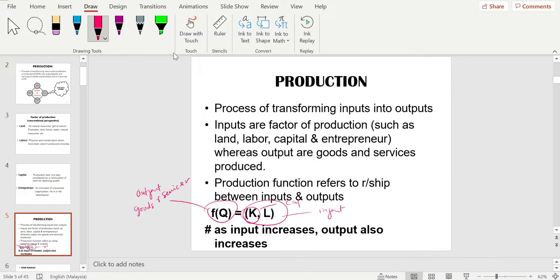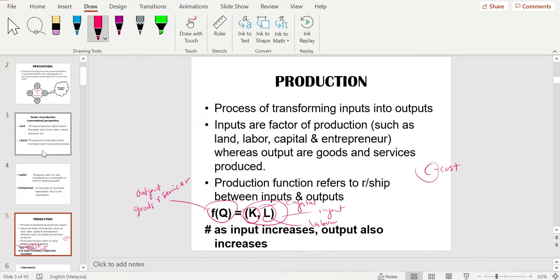K stand for capital, L is labor. Kenapa bukan C? In economy, C means cost. So we don't want to use the same alphabet to represent two types of things. That's why K here represent capital, while L for labor.